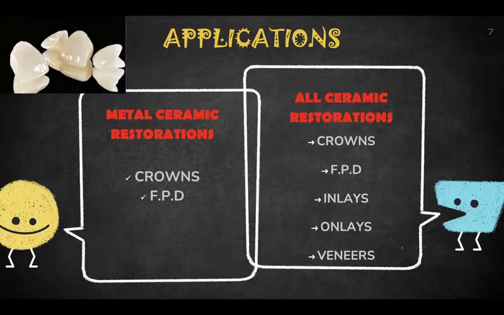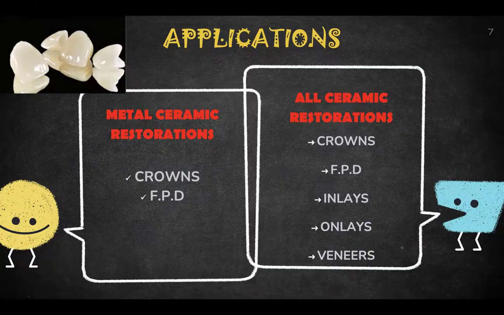So what are they used for? It is of course used for making prostheses like crowns and fixed partial dentures, and comes in two forms: a metal ceramic form and an all ceramic form. In metal ceramic, there will be a metal core inside with the ceramic coated over it.